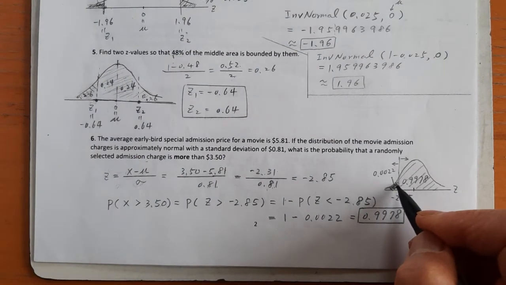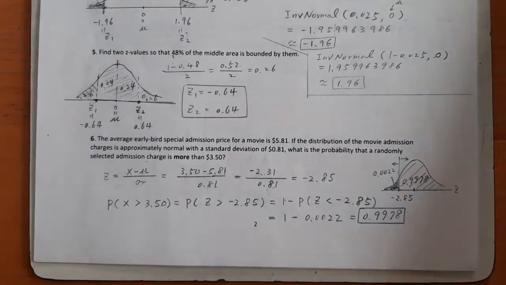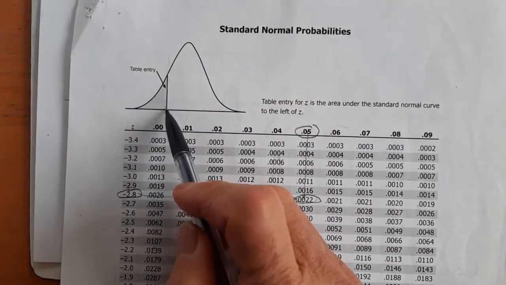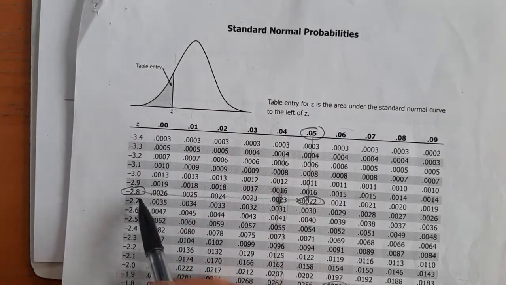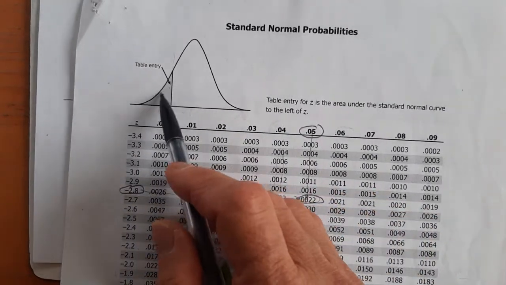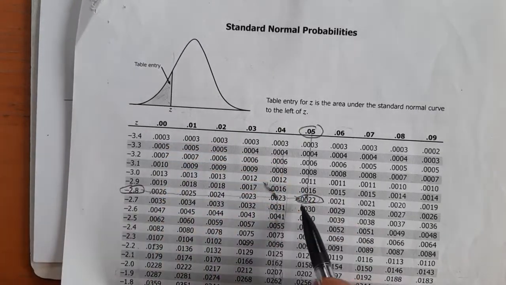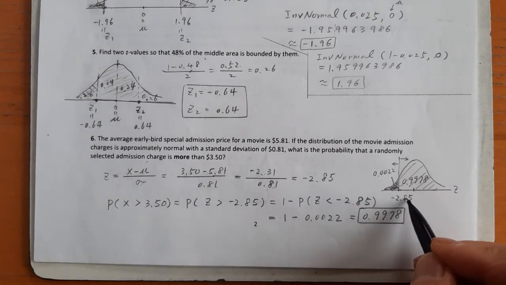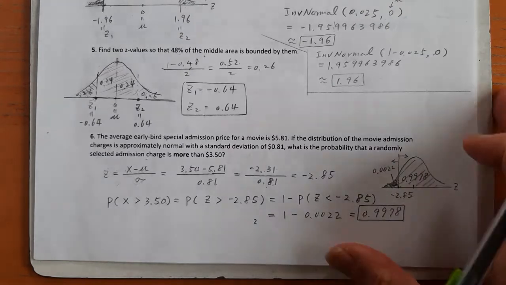This table gives the area to the left of the z-score, so to the left of negative 2.85 the area is 0.0022.